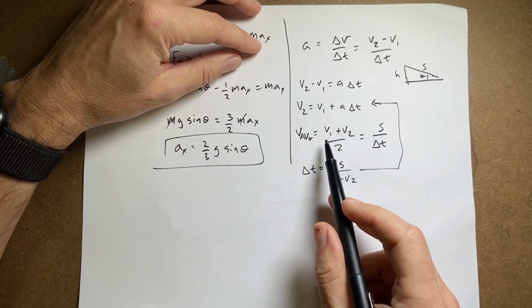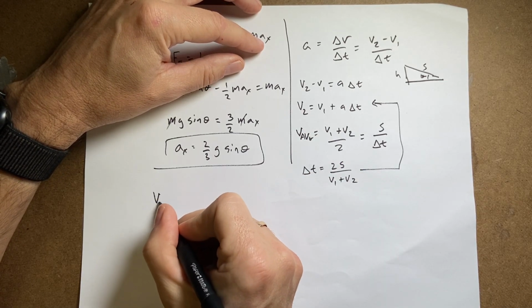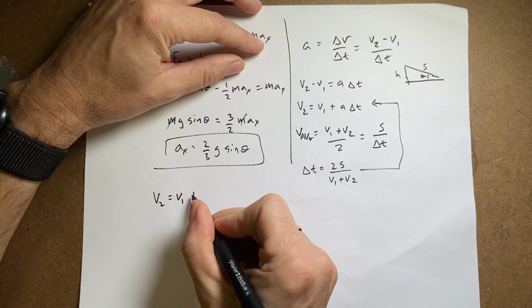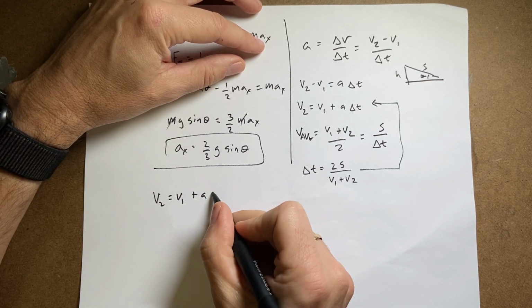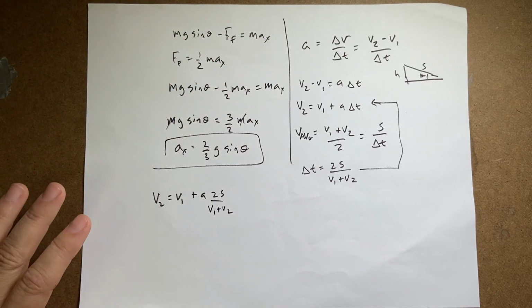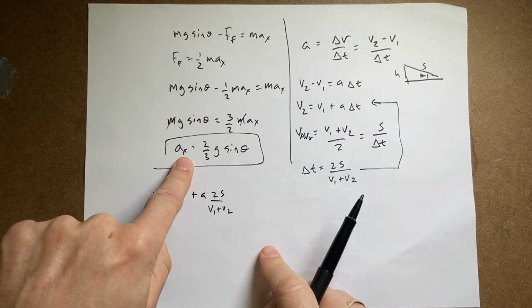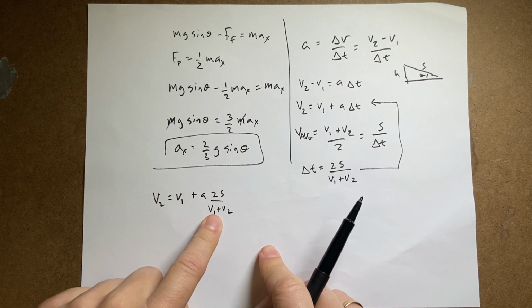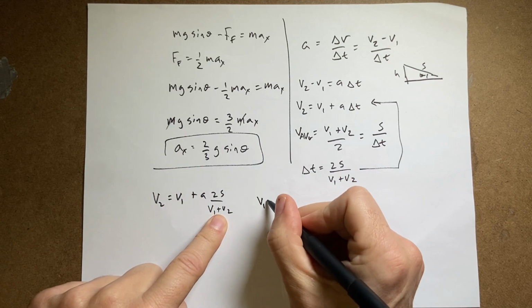Okay. So now I have this equation, v2 equals v1 plus a delta t, which is 2s over v1 plus v2. Now I know a. Okay, I'm going to put that in just a second. So now I'm going to say v1 equals 0.